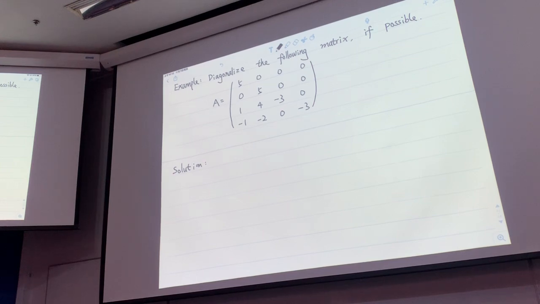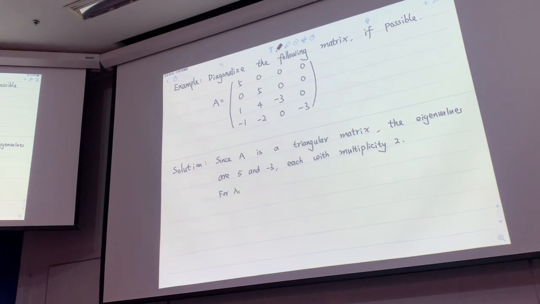Since A is a triangular matrix, the eigenvalue 5 has multiplicity 2.